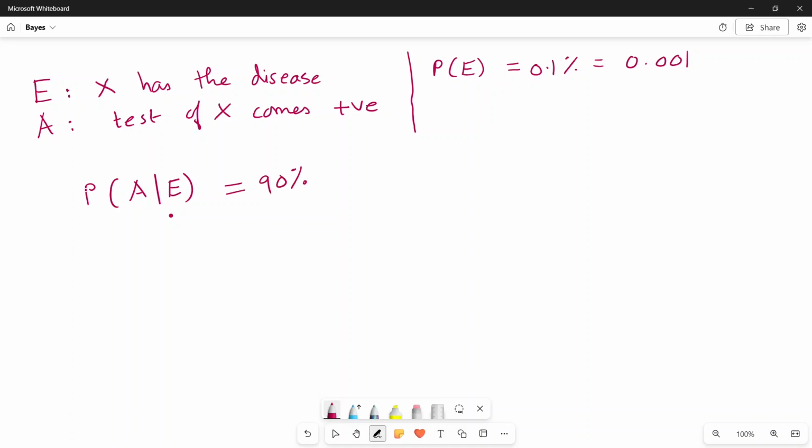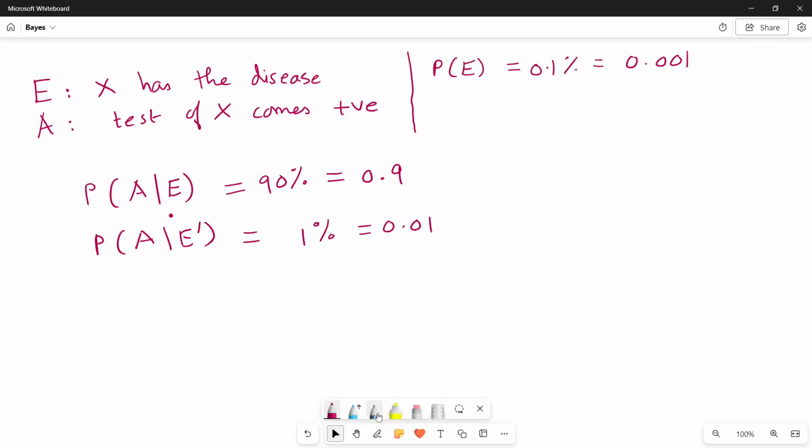This is again from the given data, and in terms of probability it is 0.9. And the probability that the test comes out as positive but the person does not have the disease: if E is X has the disease, then E complement is that the person does not have the disease. So the probability of A given E complement is equal to 1%. This is from the given data, right?